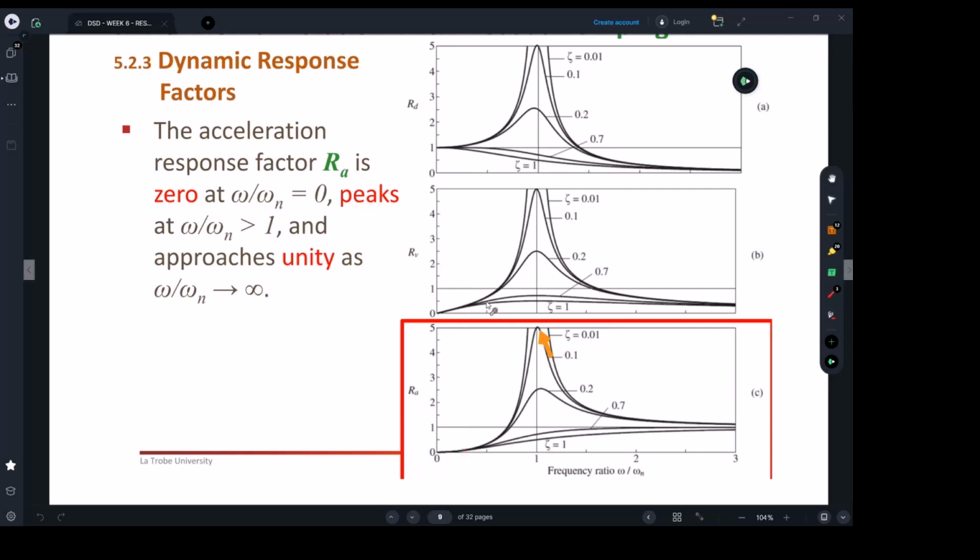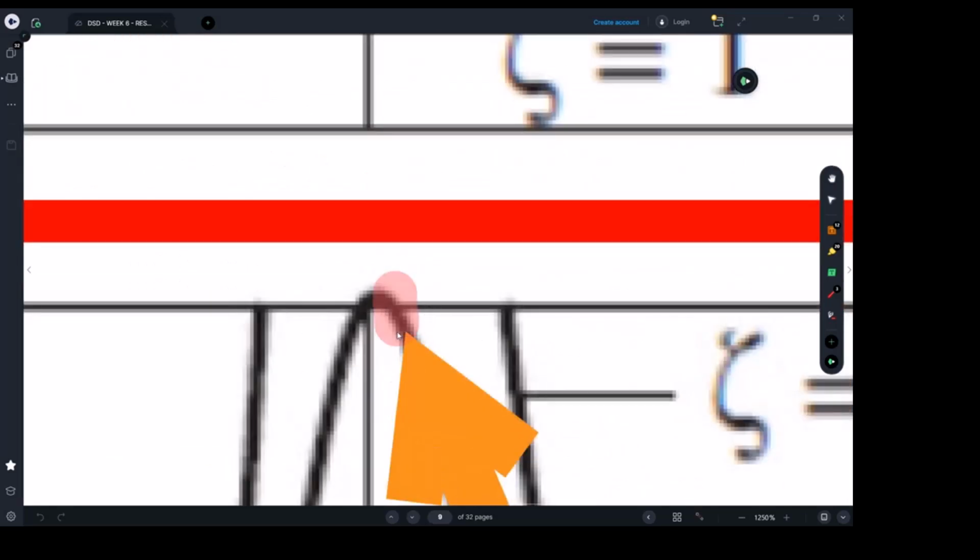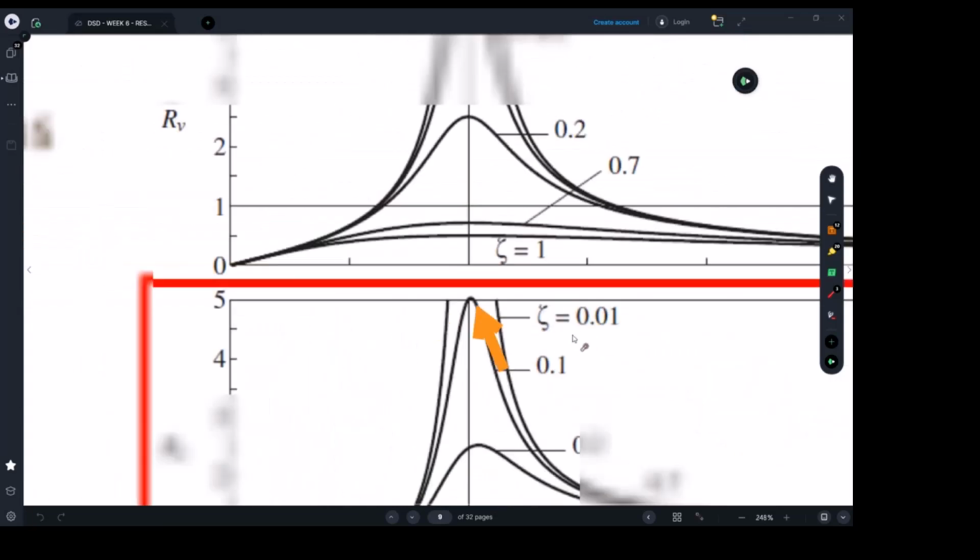The curve for the acceleration response factor will be peaking just above 1, when the ratio between forcing frequency and natural frequency passes the value of 1. That's what we mean. It's just after 1 that you will start peaking this value.